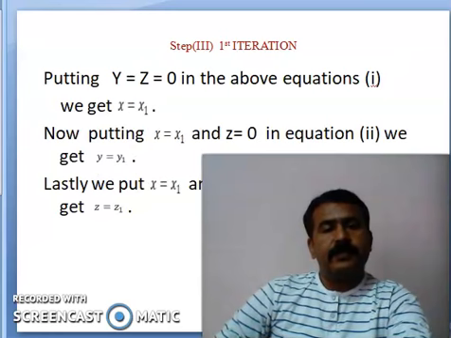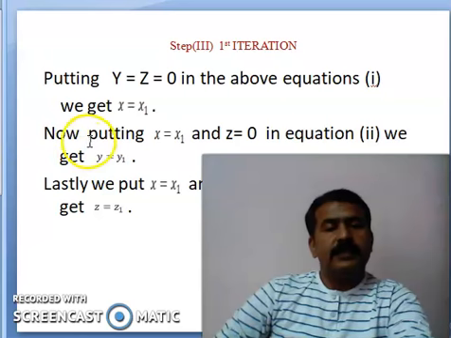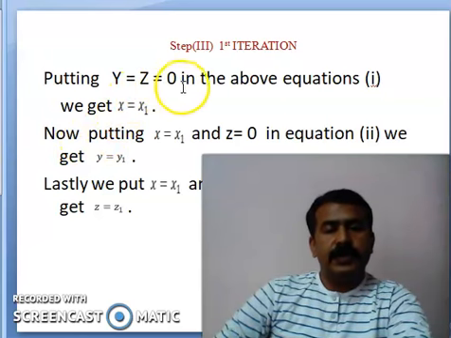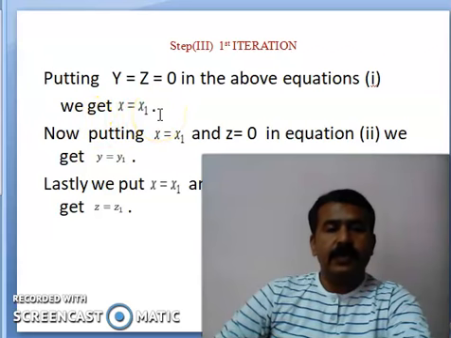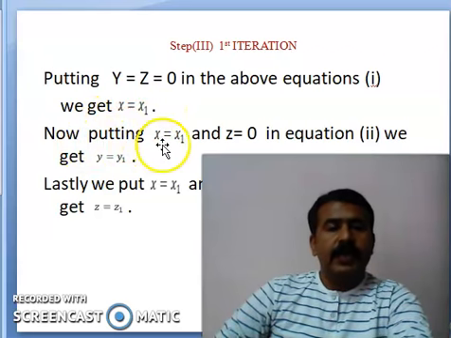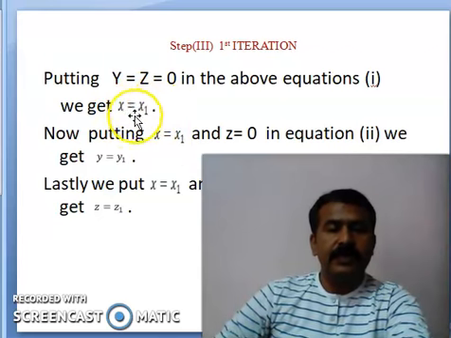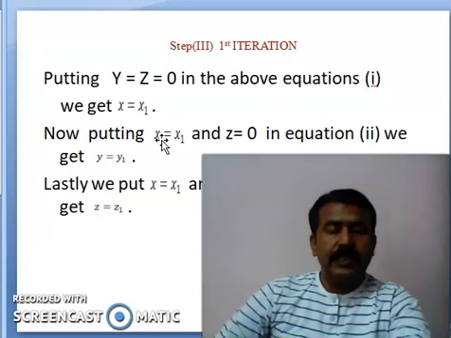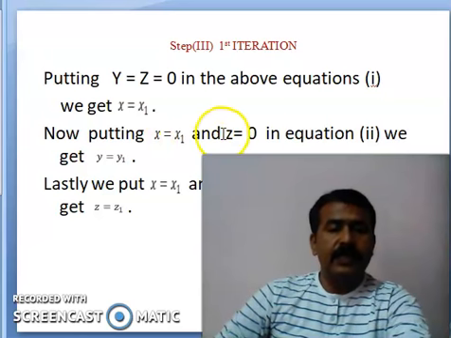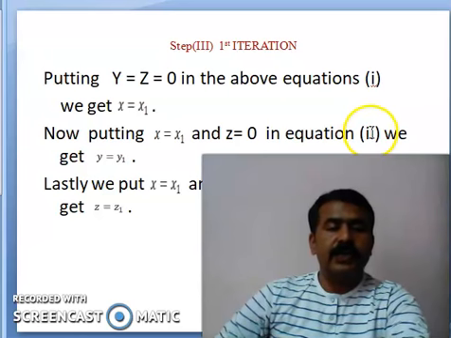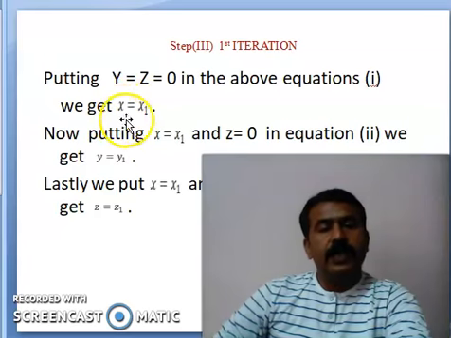Now this is the third step. Putting y equal to z equal to 0 in equation 1, we get x equal to x1. Now putting x equal to x1, because we already have the iteration of x, and z equal to 0 in the second equation, we get y equal to y1. Now we have the first iteration x equal to x1 and y equal to y1.